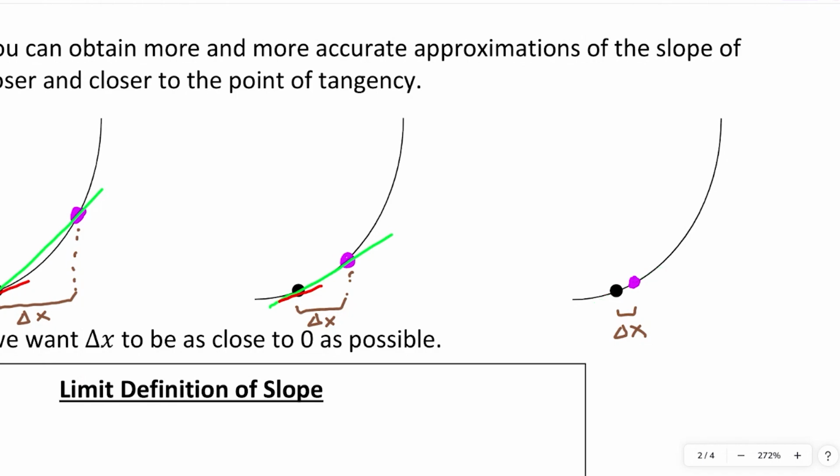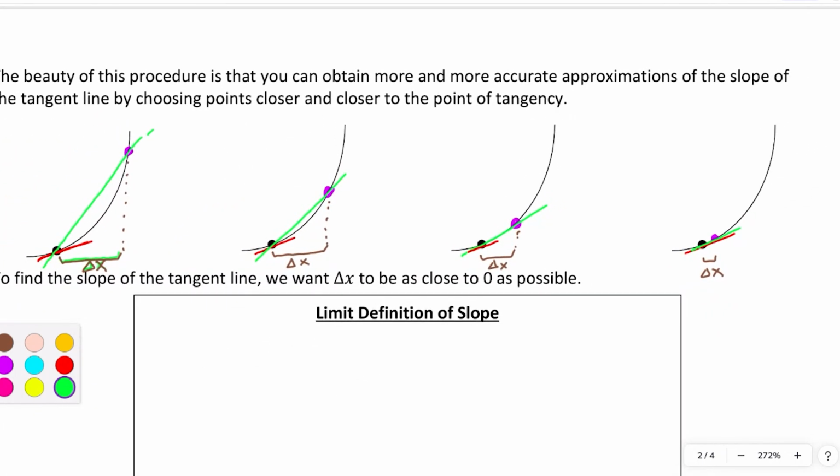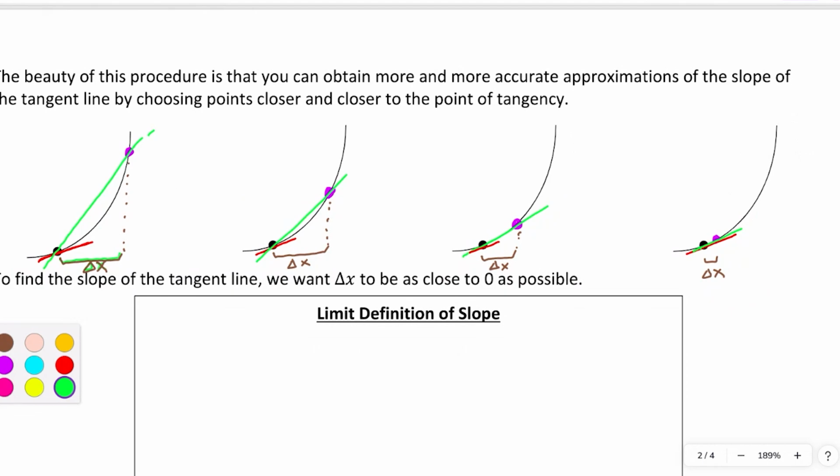The slope of the tangent line, which is going to be something like this, is going to be pretty close to this. It's still not totally there, but it's even better. And if we look at all these different approximations, hopefully what you're seeing is that as delta x becomes smaller, the closer our slope approximation is going to be.